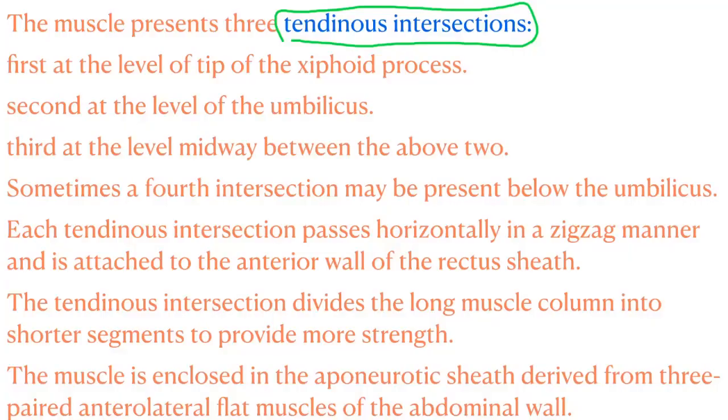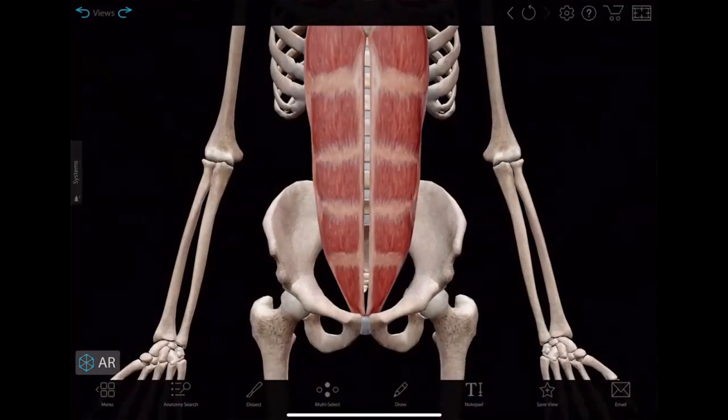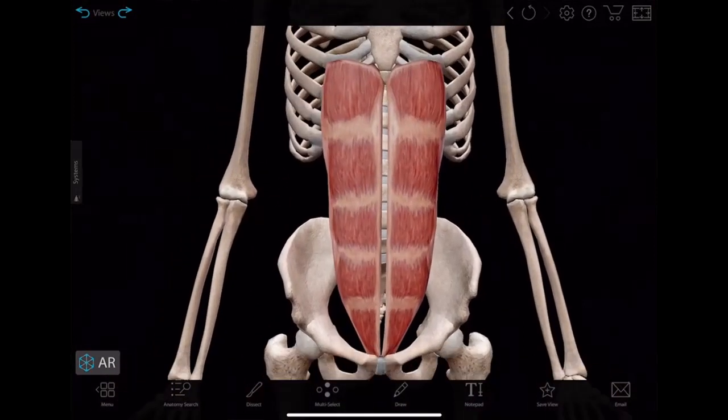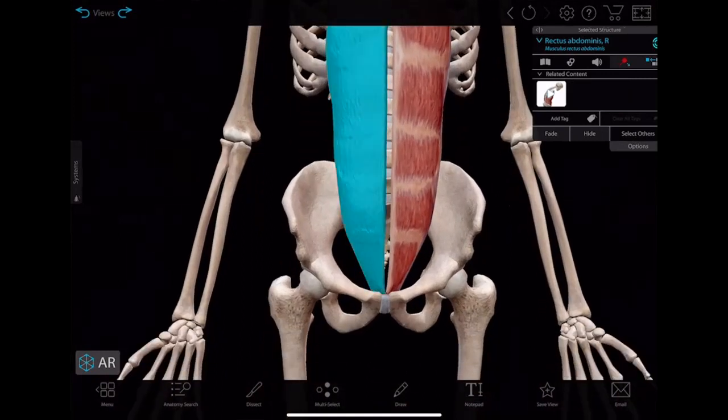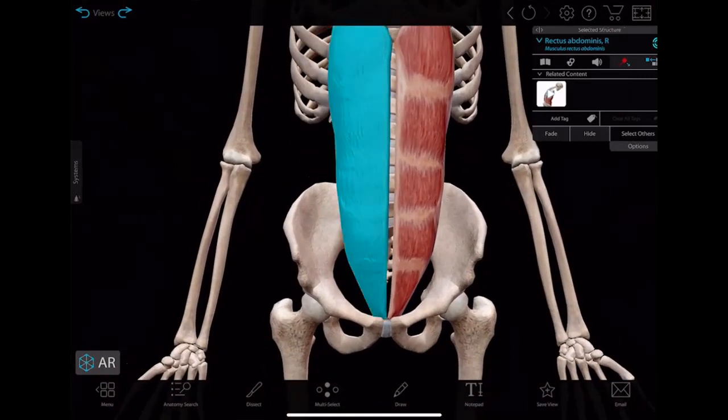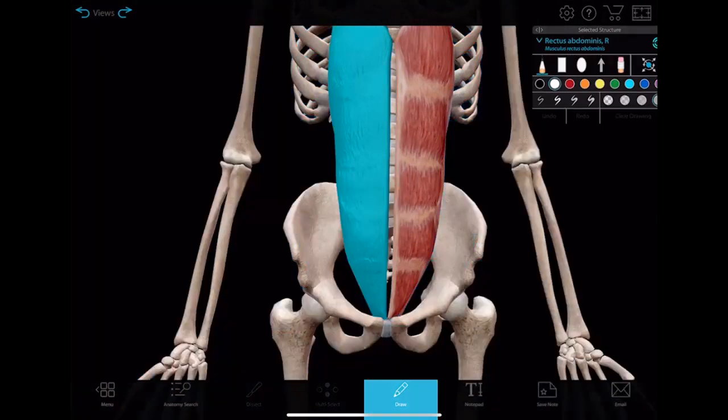The first of these intersections is at the level of the tip of the xiphoid process, the second at the level of the umbilicus, and the third midway between the above two. Sometimes a fourth intersection may be present below the umbilicus. We'll see that. Let me draw. Okay, this is midway between, this is the umbilicus, right? Below the umbilicus, sometimes this is the fourth one, right?